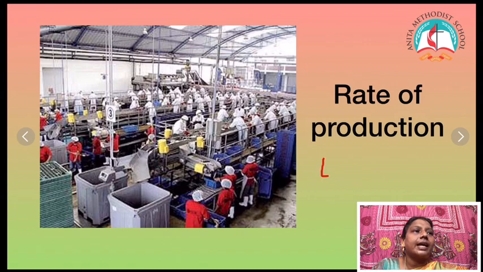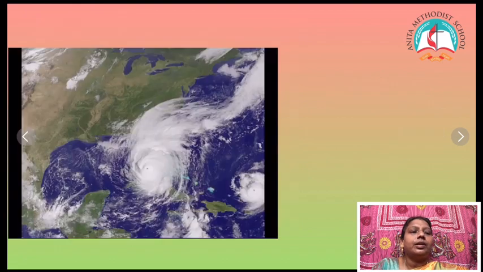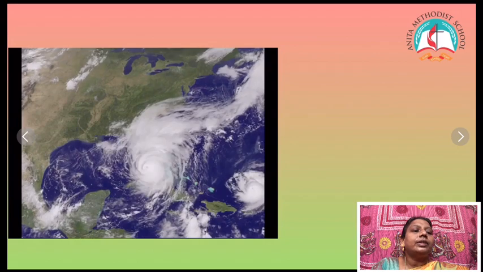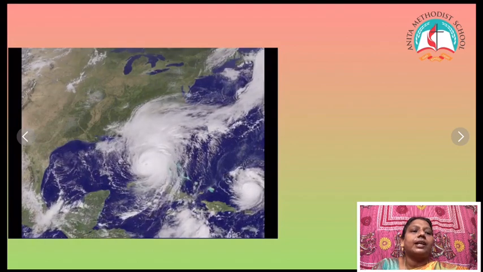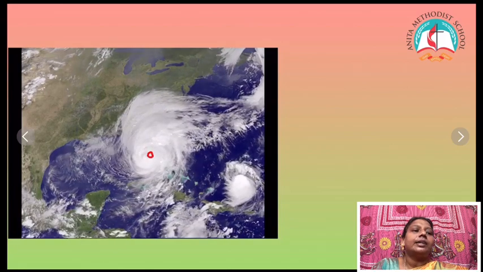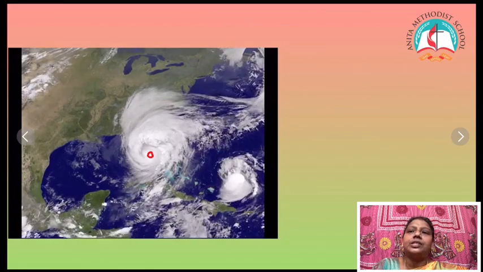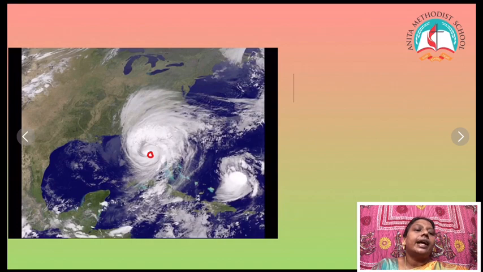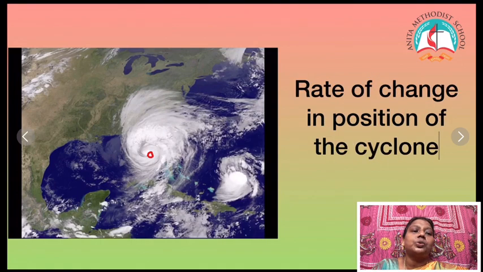According to the time, year or month, whatever it is, the number of goods produced may increase or decrease. And one more well-known example: when a cyclone forms, they announce at what time it will reach land, or what the rate of change of its position is. So the rate of change is used to find the position of a cyclone also.